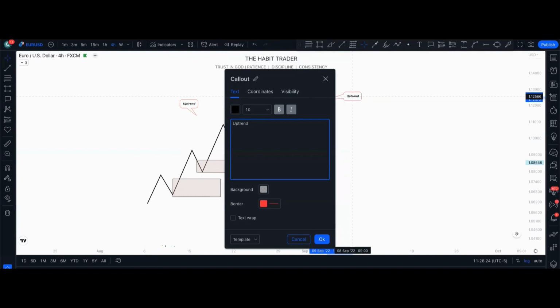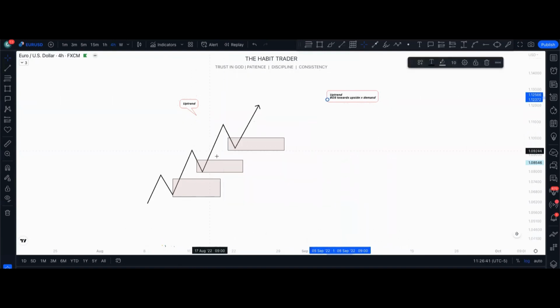So every time that you see a break of structure towards the upside, it creates a demand zone. I mean, not on this particular one, but you will see it on a lower time frame or so.